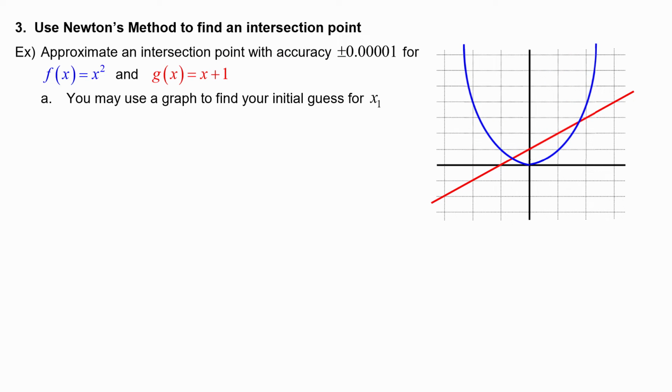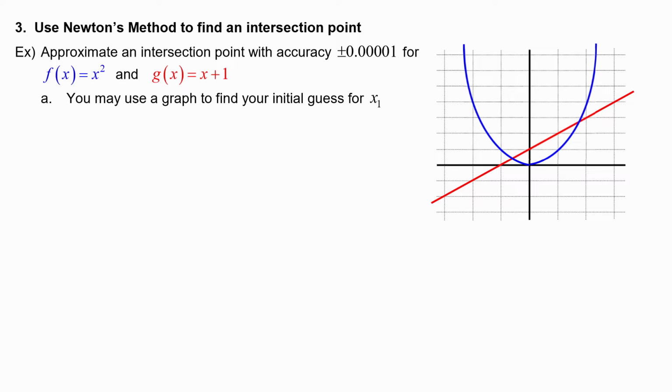Next, you will learn how to use Newton's method to find an intersection point. In this example, we have to approximate an intersection point with accuracy plus or minus 0.00001 for f of x equals x squared and g of x equals x plus 1.